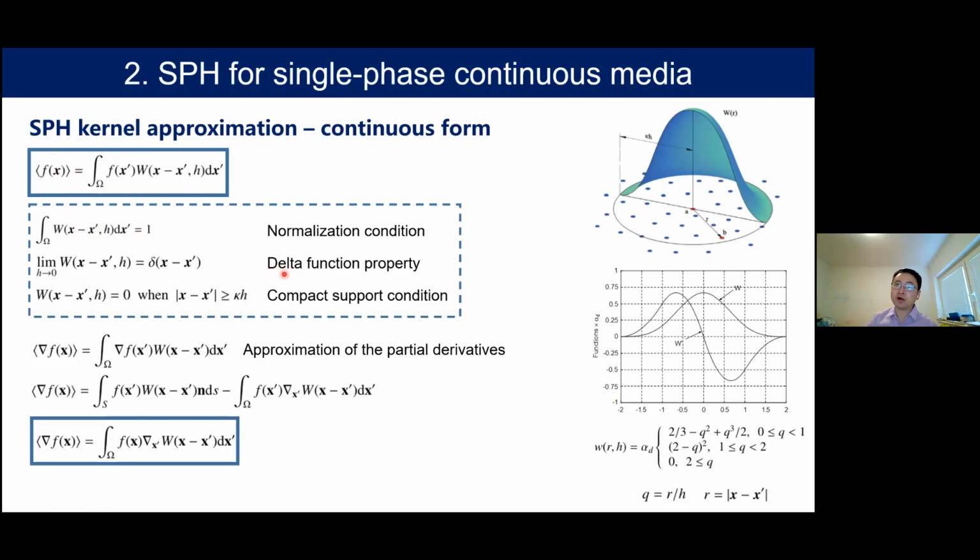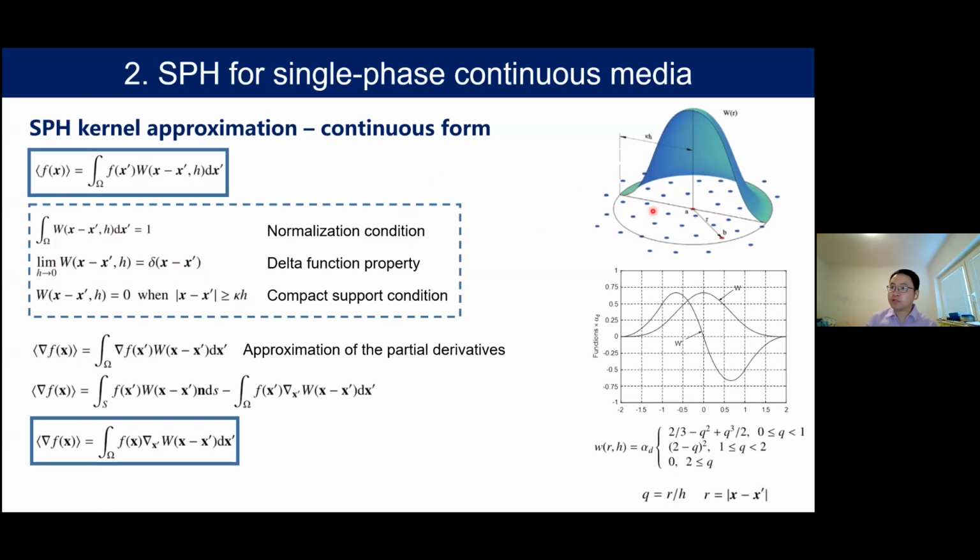And the second requirement is a delta function property, which means that when the support domain decreases and decreases, the kernel function should satisfy this delta function property to make your approximation accurate. That is also understandable.